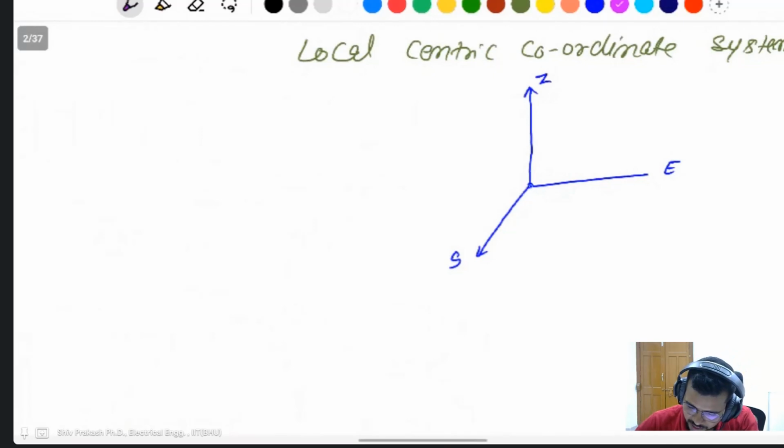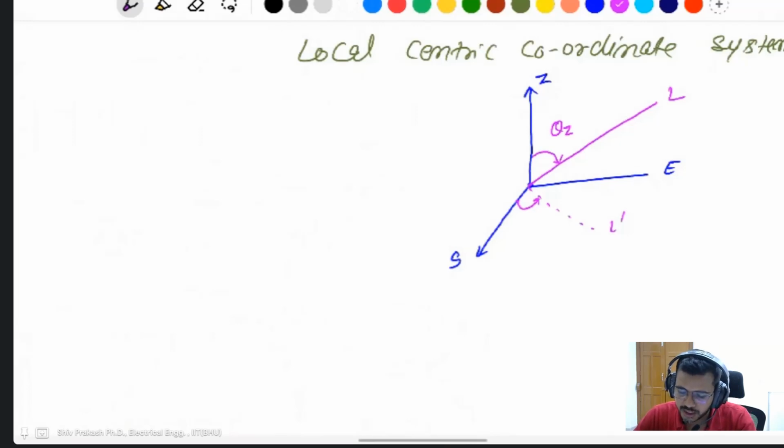We take this insolation line L and the projection of this one on the horizontal plane L dash. The angle between them is theta Z, and the angle from the south axis to the projection of the insolation line on the horizontal surface is known as gamma.